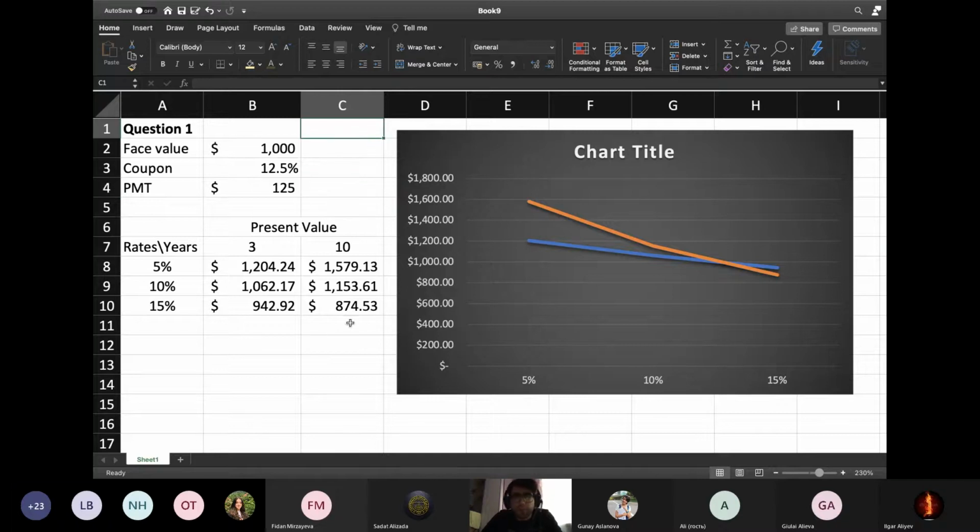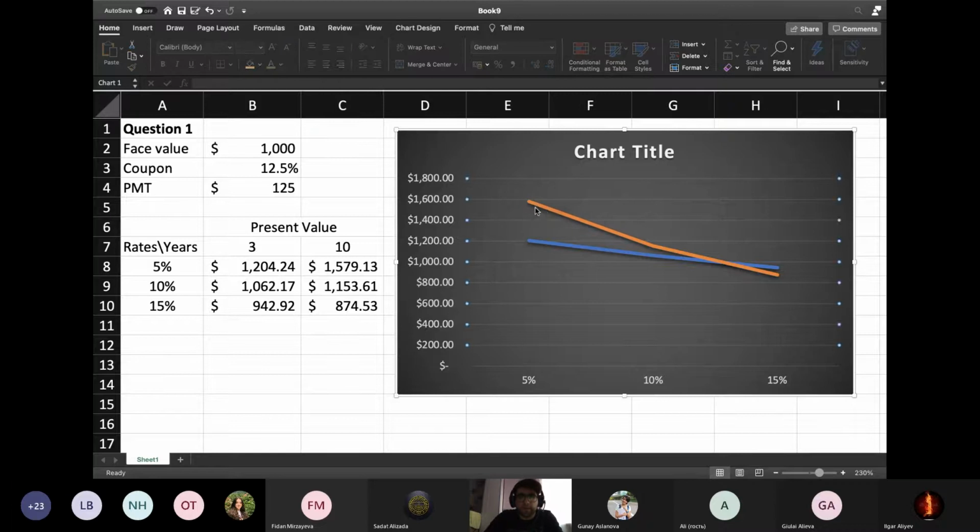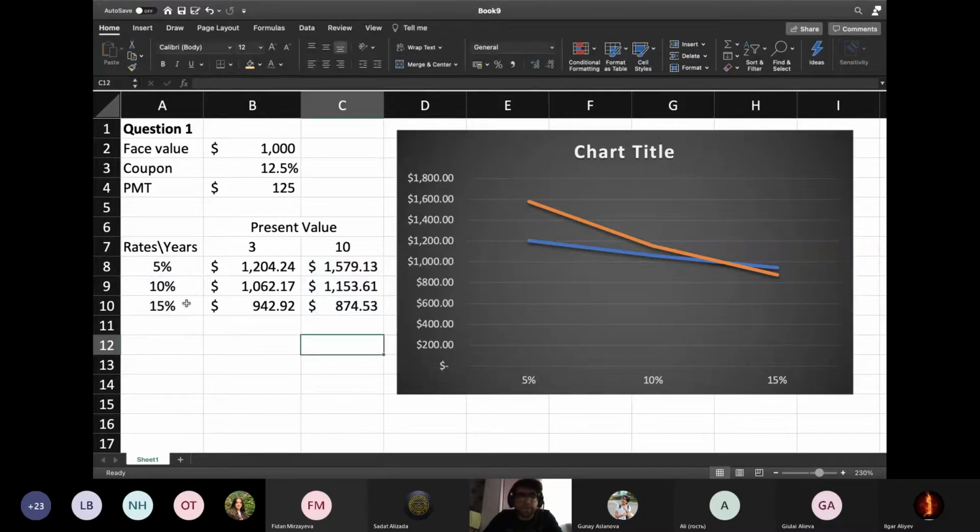So premium bonds with a longer maturity take a very sharp, higher start. So the 10 years maturity started higher than the other one, the blue one with 3 years maturity, but ended lower than 3 years, because look at the 15% present values: it is less for 10 years maturity than for 3 years.